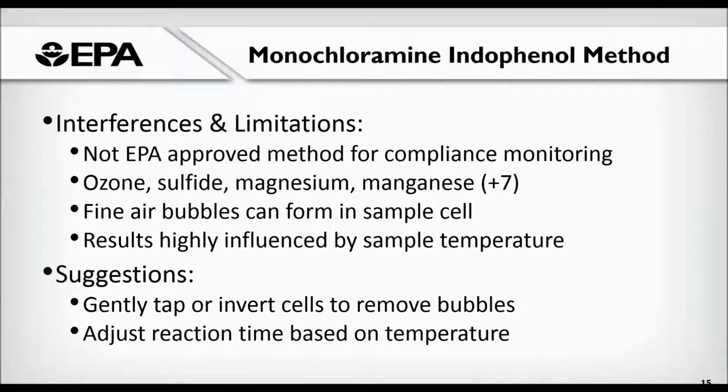We like this method because it quantifies the active disinfectant in a chloraminated system, and this can be a valuable method for process control. This method, however, is not an approved EPA method for compliance monitoring. And like I previously mentioned, it is prone to some of the same issues or limitations as the free chlorine endophenol method.